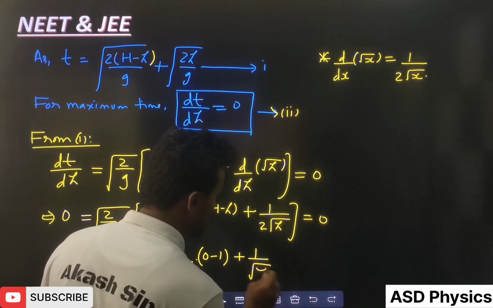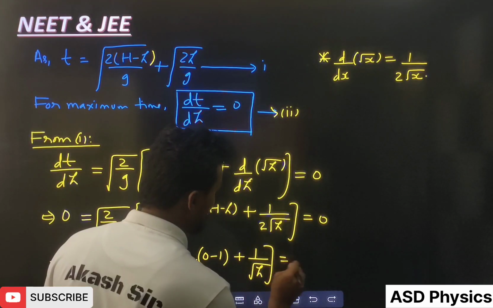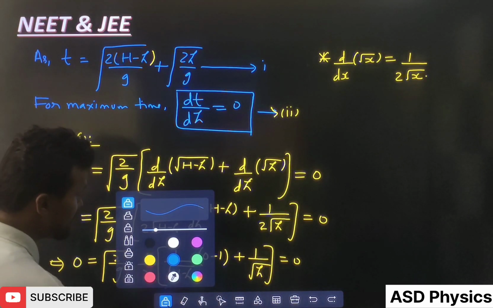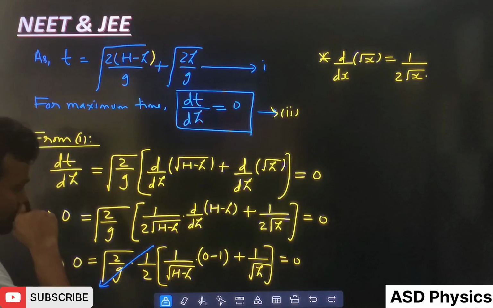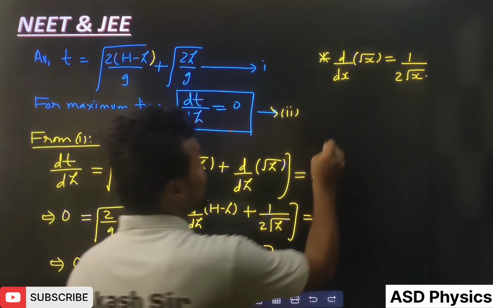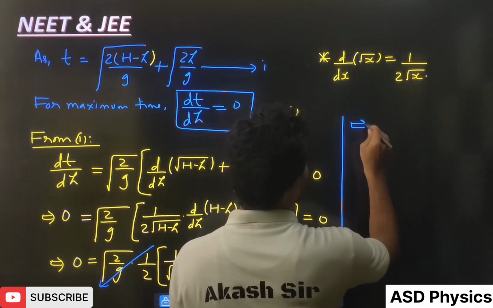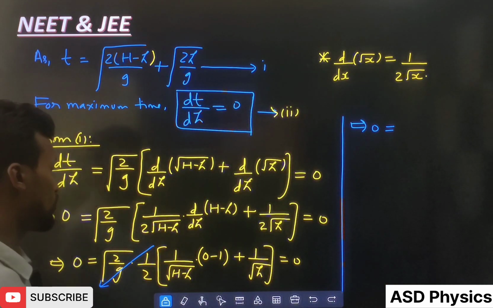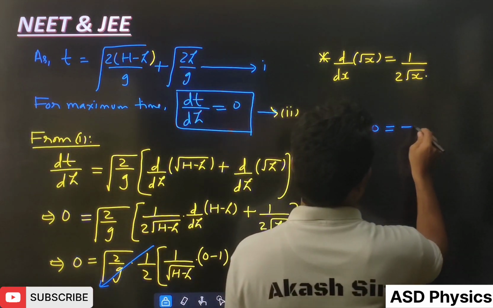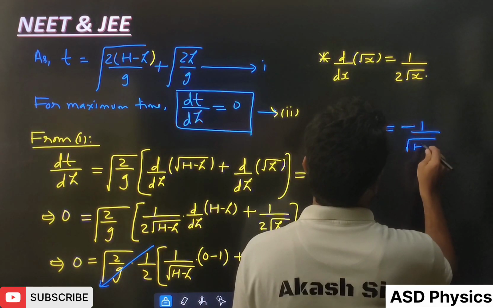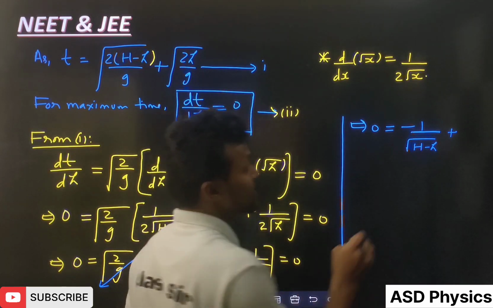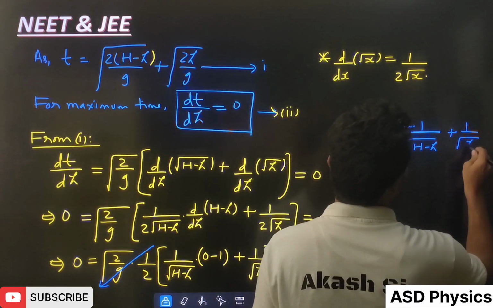So 1 by root h equal to 0, because anyhow 1 by 2 we have sent outside, and you know very well this term cannot be 0. That means this 0 should be equal to this term: minus 1 by root of (H minus h) plus 1 by root h.